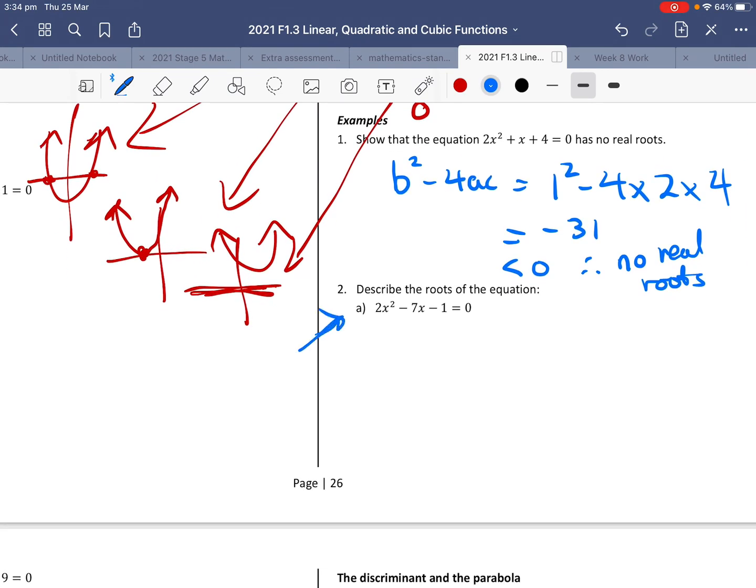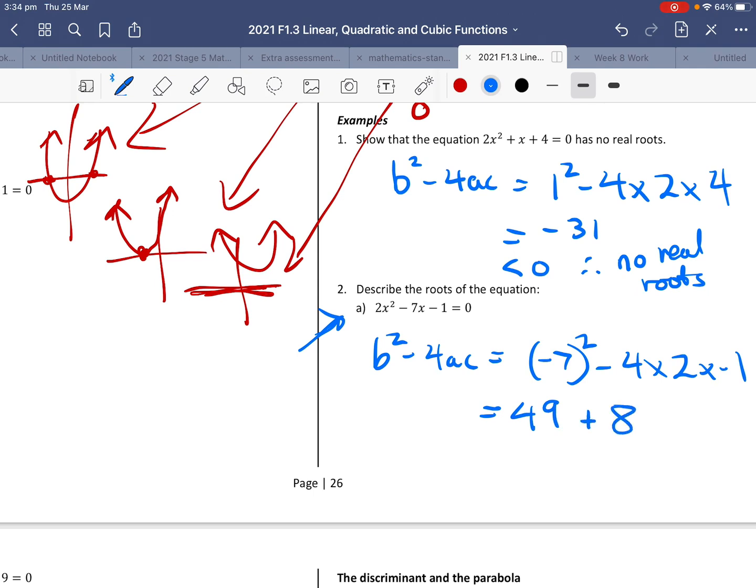Let's have a look at this next function and describe the roots of this equation. b squared minus 4ac, b squared, so that will be minus 7 all squared, minus 4 times 2 times minus 1, which gives us 49 plus 8, which is 57.